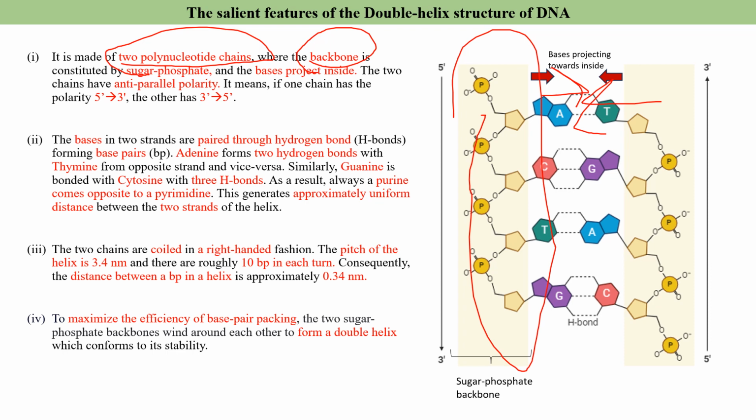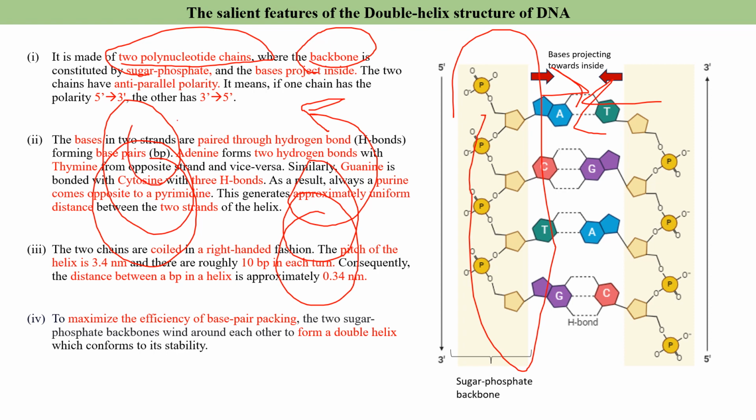And as I had already discussed the hydrogen bonding between the base pairs, these two chains are coiled in right-handed fashion. Right-handed fashion means it goes like this. Okay, while left-handed fashion goes like this. So in this fashion, it is coiled. Right-handed fashion, it is coiled.